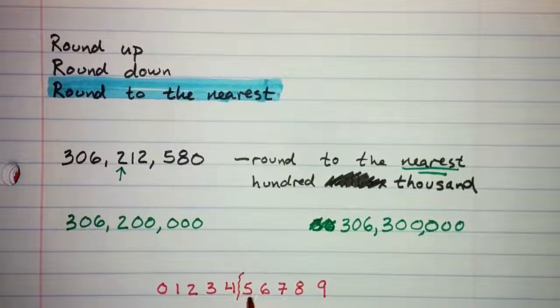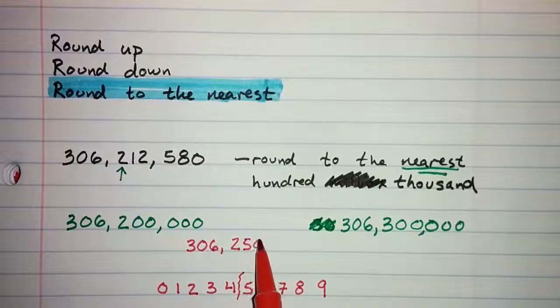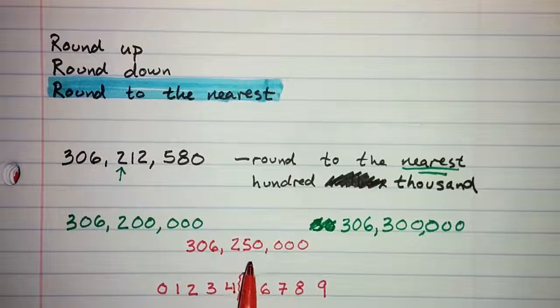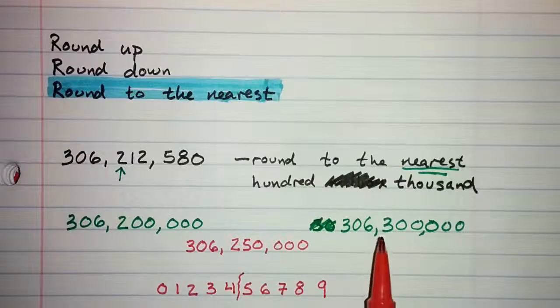Halfway in the middle, well, 5 is in the middle. The number halfway between these two, 306,250,000. If our number is smaller than this halfway point, we'll round it down to the previous 100,000. If our number is bigger than this halfway point, we'll round it up to the next 100,000.